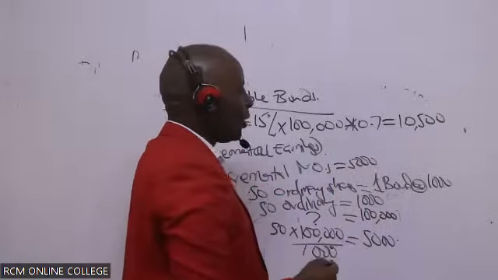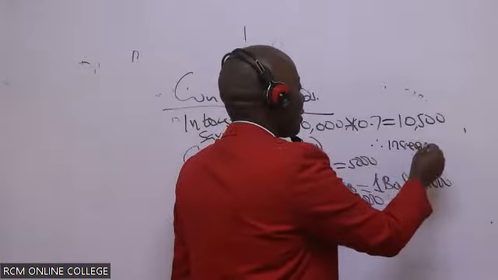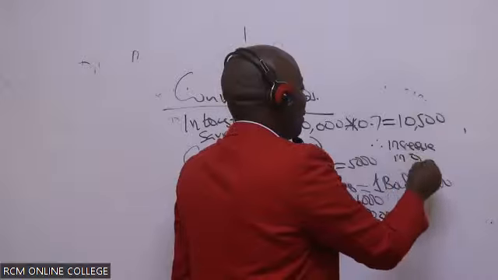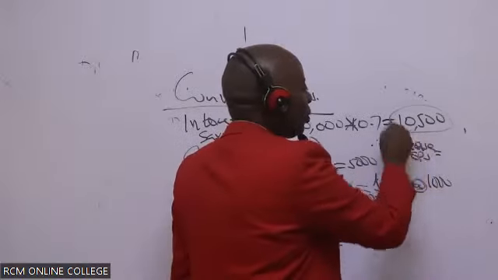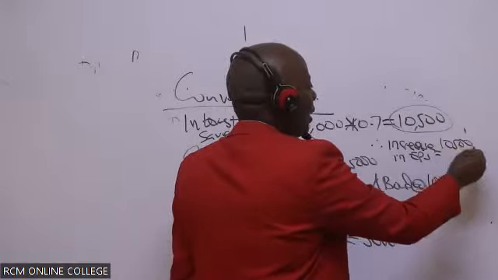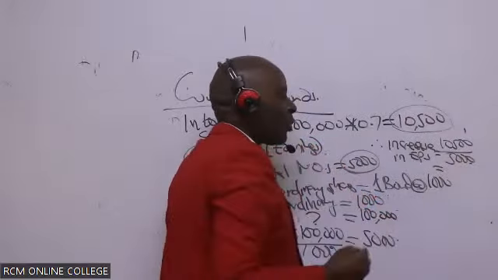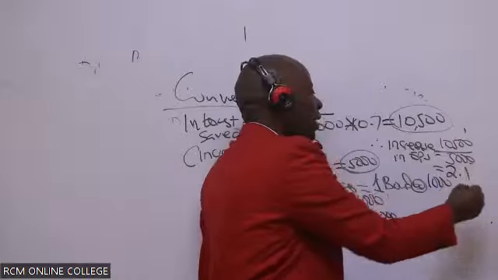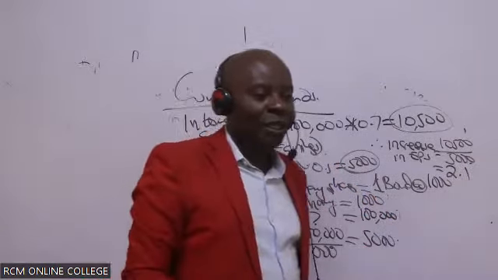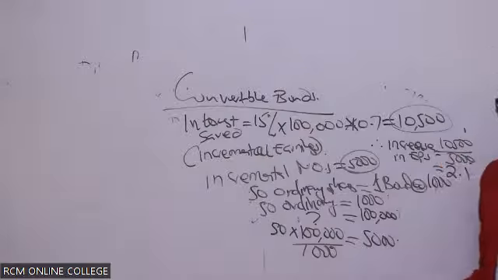So therefore, what is the increase in EPS? I take the incremental earnings, 10,500, and divide this by 5,000, which gives me what figure, somebody? 2.1. Are you seeing anything funny?